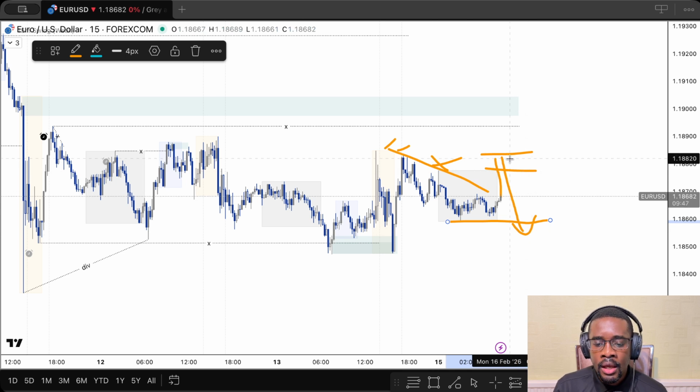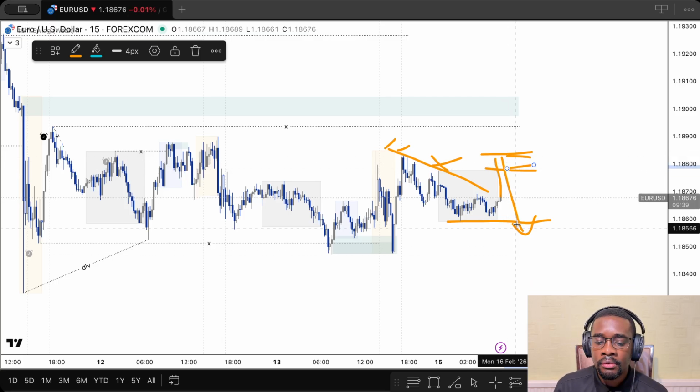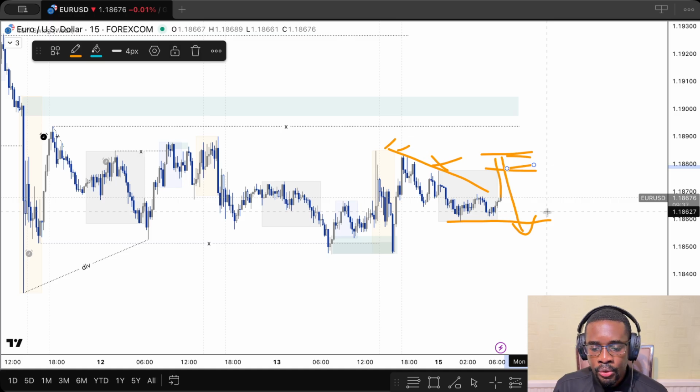On the 1 minute, that could be a very good trade, 1 to 5, 1 to 6, 1 to 8, who knows. These would be things that I'll be looking at on my personal trading.